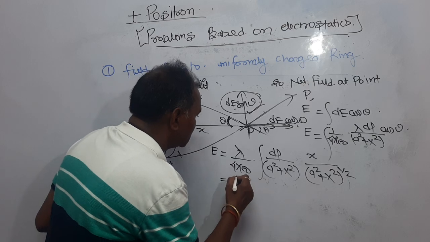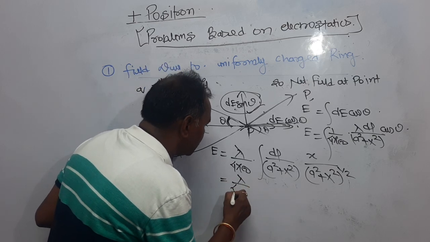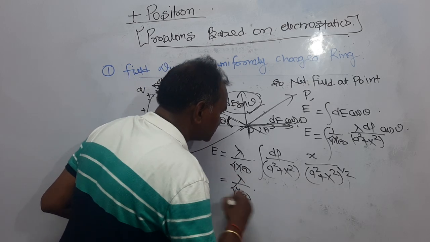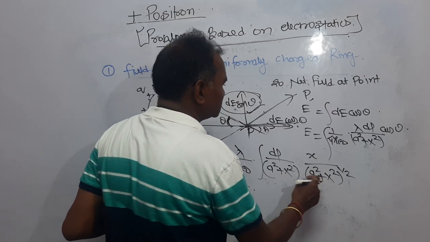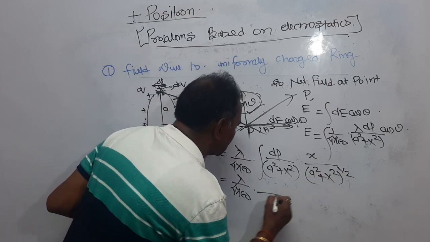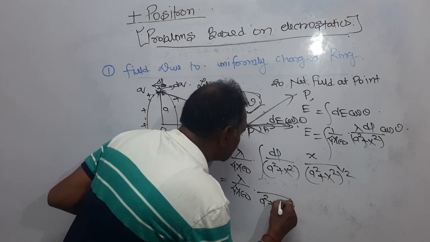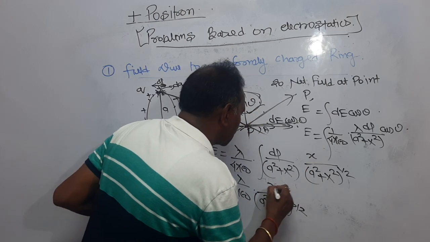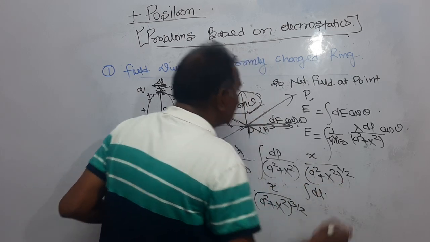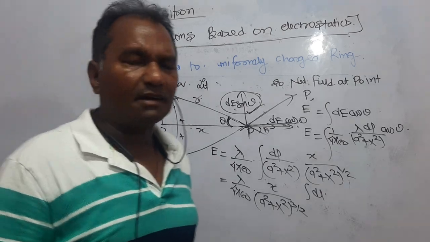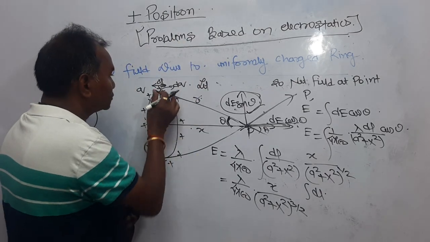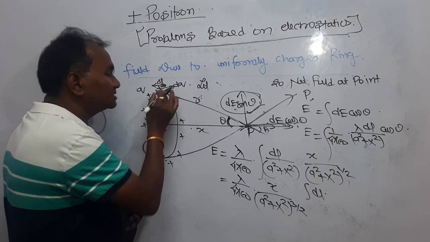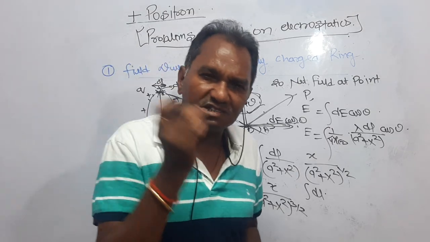Now the integral becomes lambda upon 4 pi epsilon naught, a square plus x square times a square plus x square to the power 1 by 2 becomes a square plus x square to the power 3 by 2, x taken out. Now it's integral dl. dl is what? So integral dl is the length of the assumed strip.